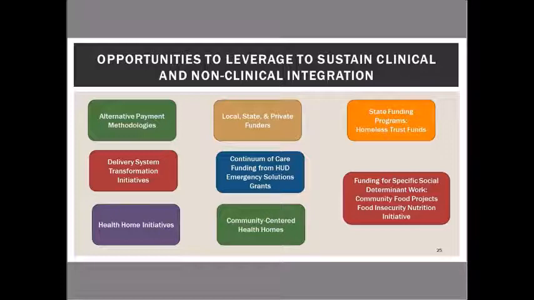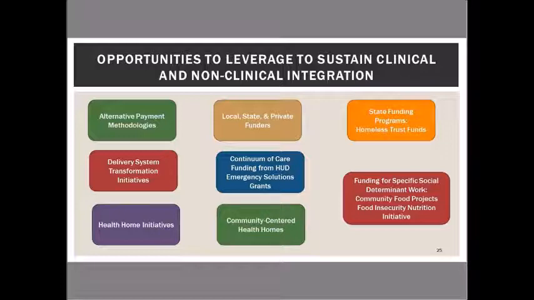Again, local, state, and private funders. Most larger corporations, like your grocery store chains, often have a foundation arm that is interested in various topics. For example, a large grocery store chain likely has a foundation opportunity to improve nutrition or fruit and veggie consumption or improve outcomes.